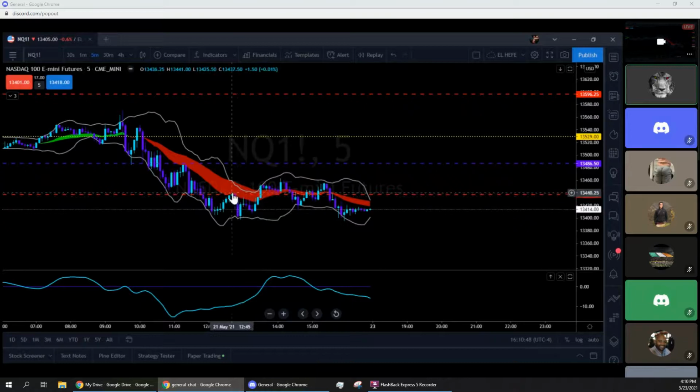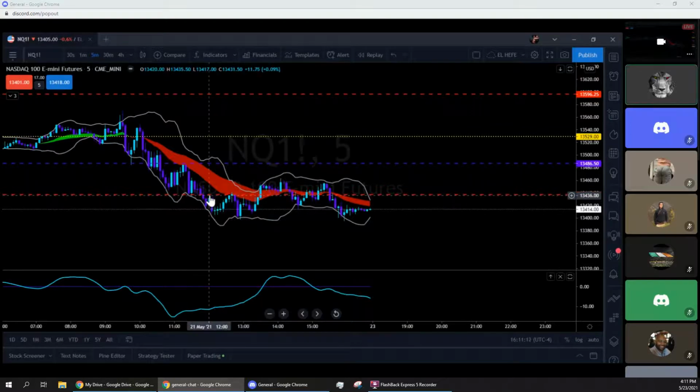You've got to have a lot of confluence to really want to take a trade off that exact level. So 437.25, yeah, that's a level, but more so, this is just kind of an average. This just tells you where the mean is, and whether we are going away from it or back into it.